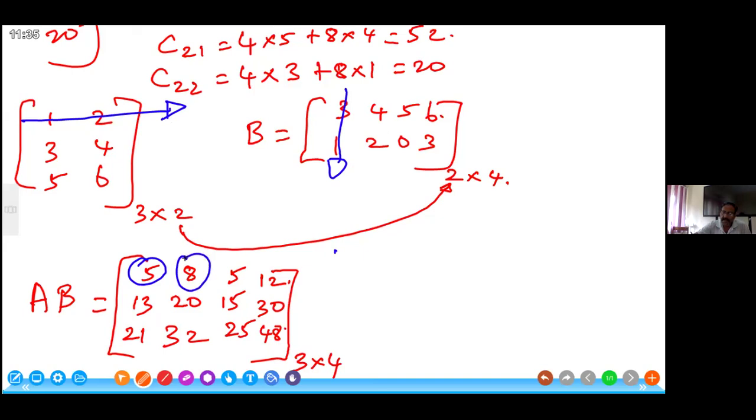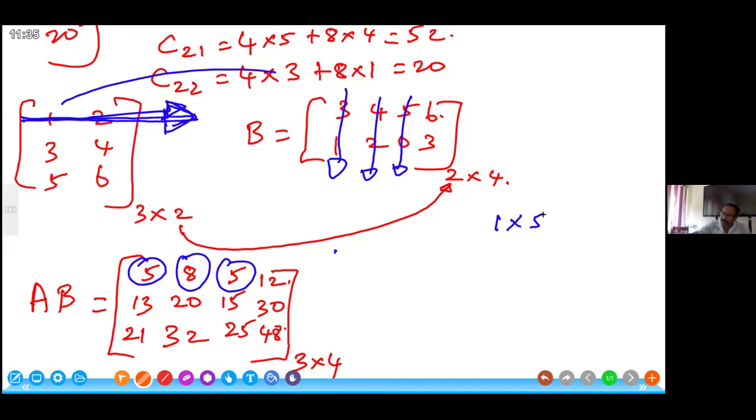How is this 8 coming? First row of the first matrix, second column of the second matrix. So 1 into 4 plus 2 into 2, that is 8. Then first row and third column: 1 into 5 plus 2 into 0.